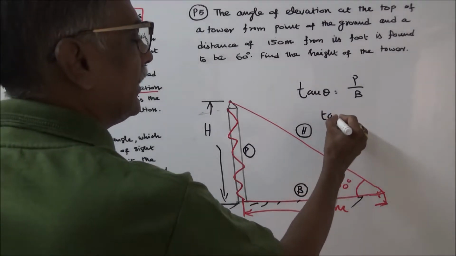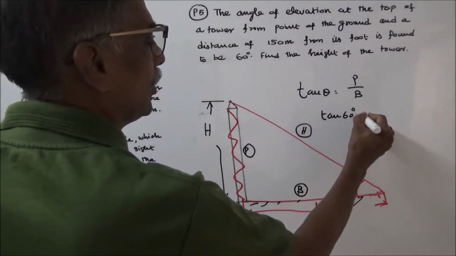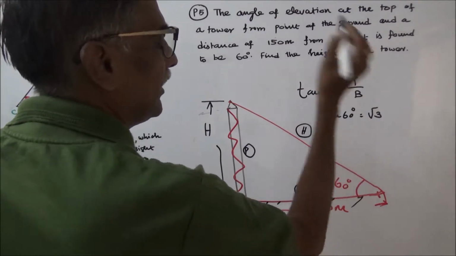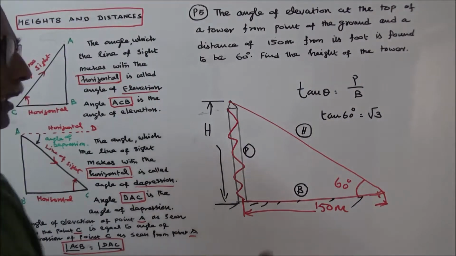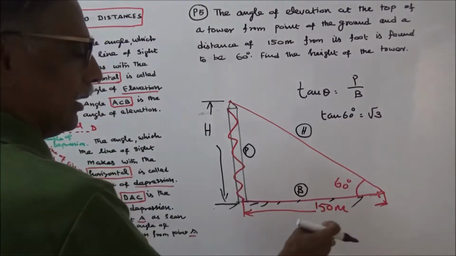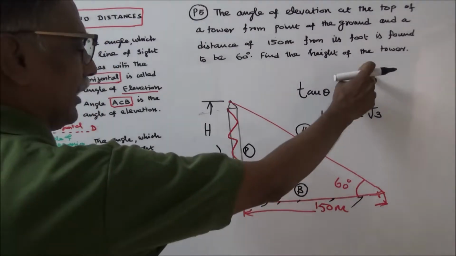So tan 60 is equal to root 3. Here the perpendicular, the height of the tower, we have to calculate.